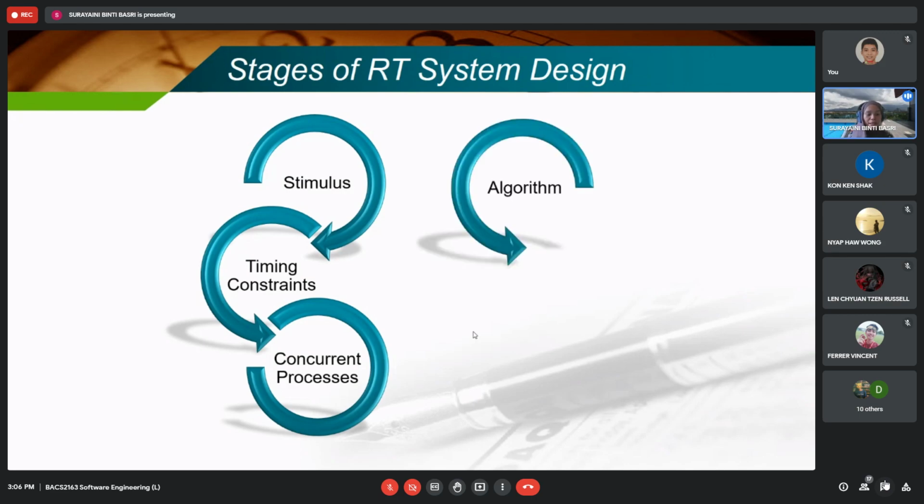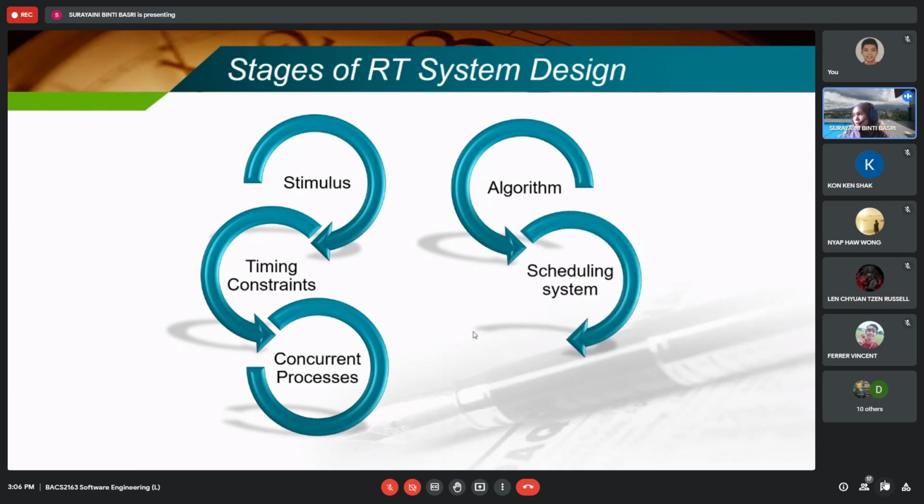After you have identified all of the processes that need to run together at the same time, you will need to come up with an algorithm for each of the processes. The algorithm is like your pseudocode, what needs to happen, what you will need to code later.